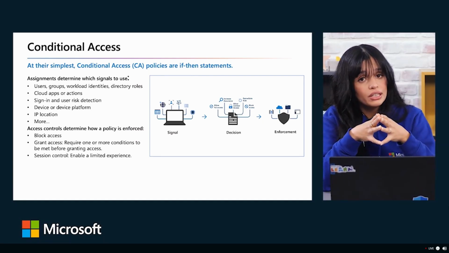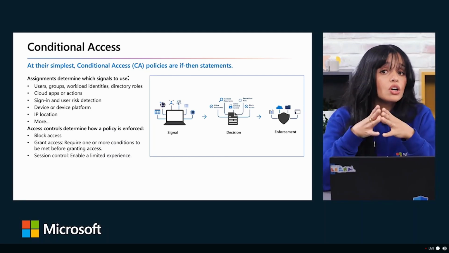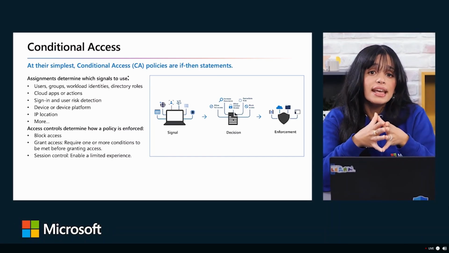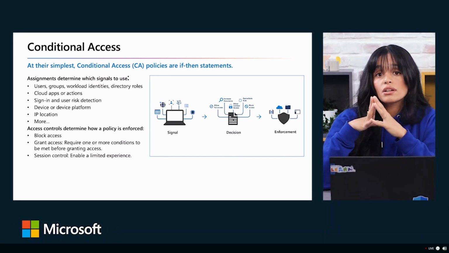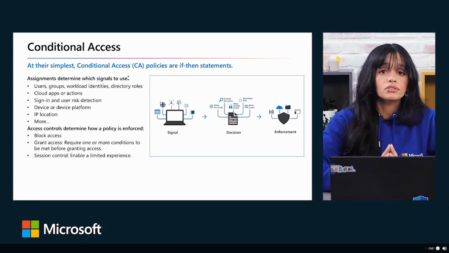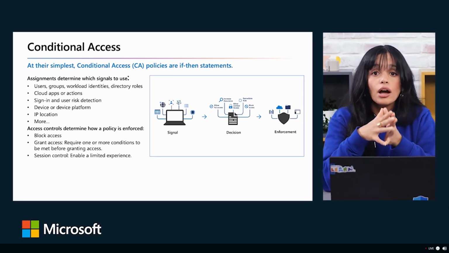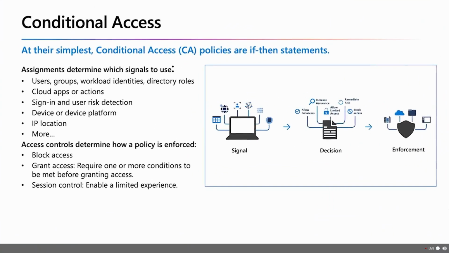Conditional access policies are if-then statements. For example, a conditional access policy may state that if a user belongs to a certain group, then they are required to provide multi-factor authentication. A conditional access policy in Microsoft Entra ID consists of two components: assignment and access controls.